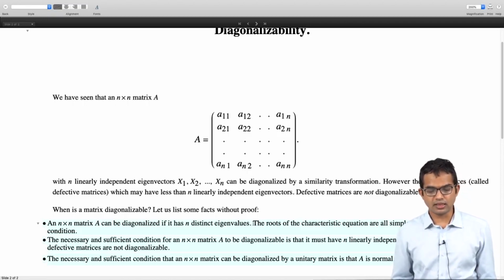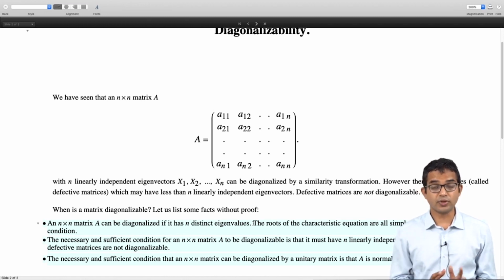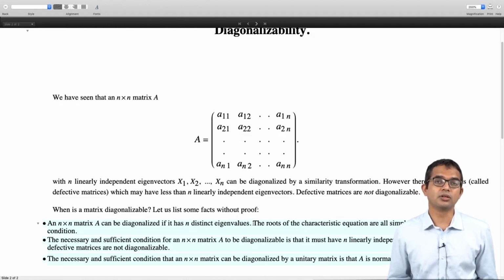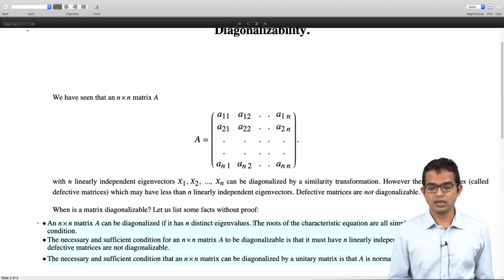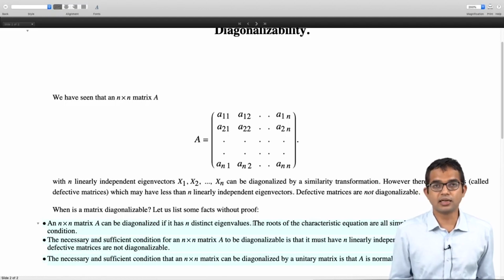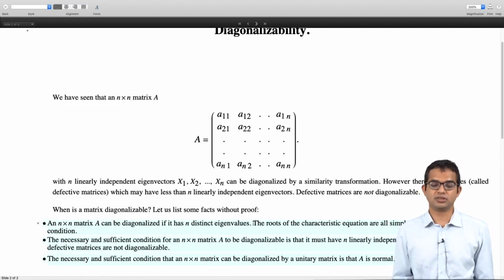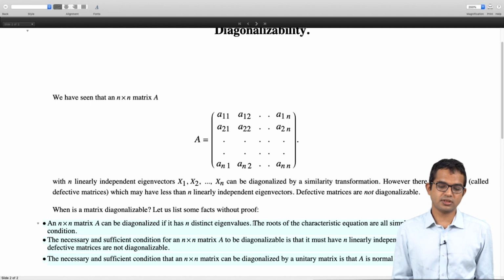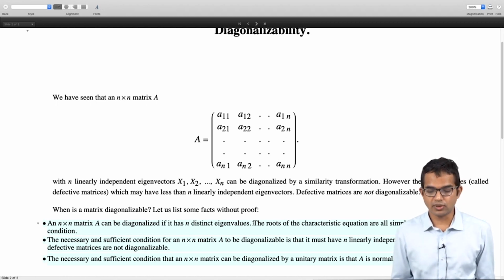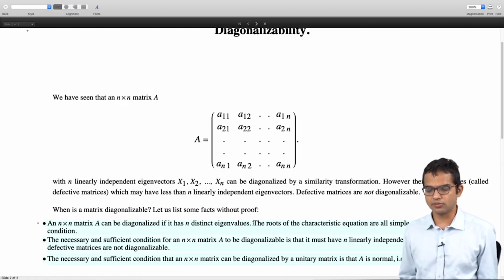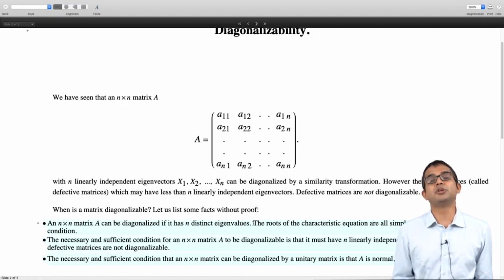Now there is a class of matrices which is very important and appears a lot in quantum mechanics, for example, which is the class of matrices which are not only diagonalizable, but diagonalizable by a unitary transformation, right? So the necessary and sufficient condition that an n by n matrix can be diagonalized by a unitary transformation, meaning you can find a unitary matrix, is that A must be normal, right?